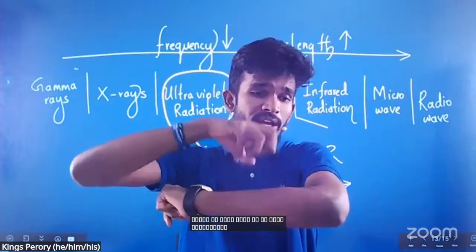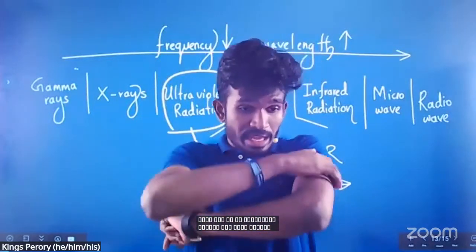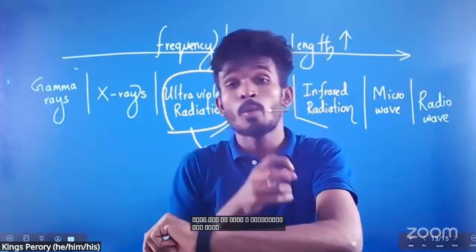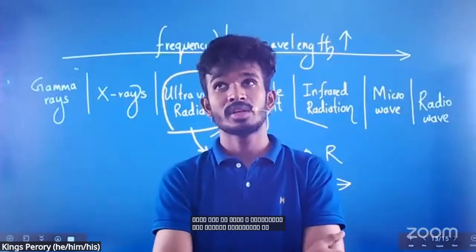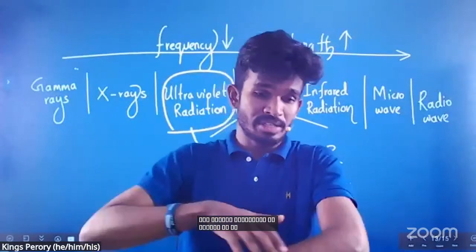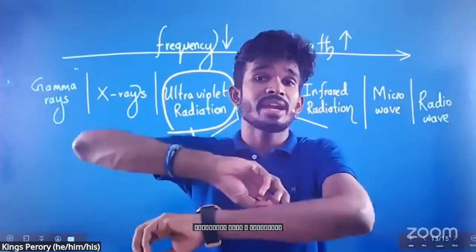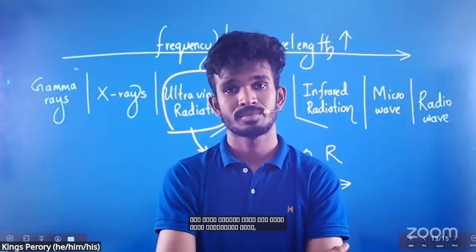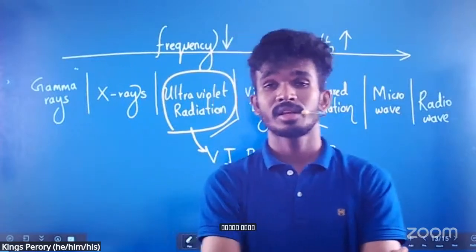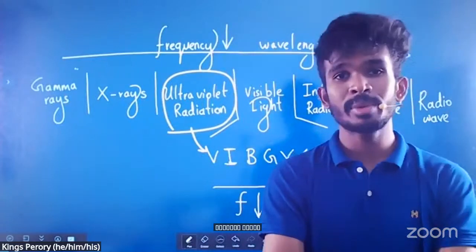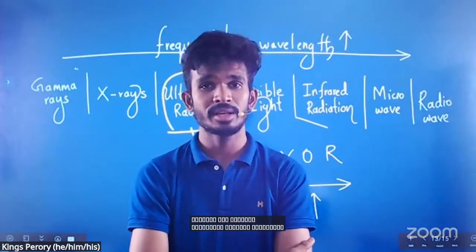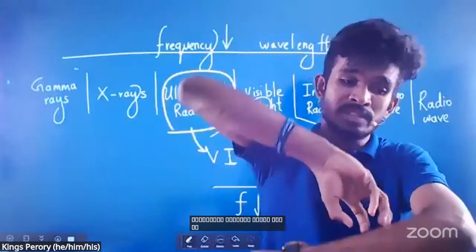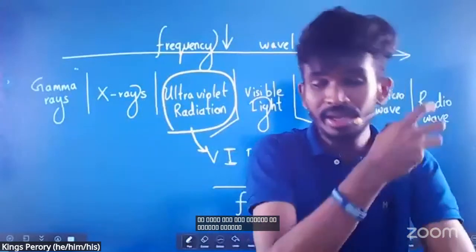When that UV radiation falls on your skin, in our skin we have a chemical that can make vitamin D using UV. So that's why people say sun gives us vitamin D. No, sun doesn't give us vitamin D. Sun gives us UV. That UV, when it falls on our skin, makes our skin synthesize vitamin D.